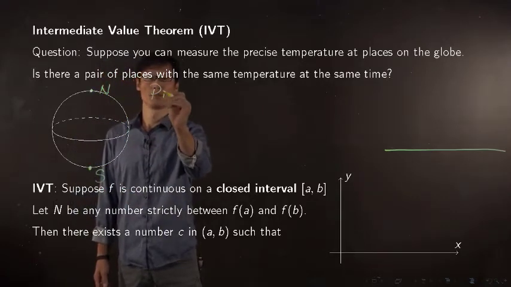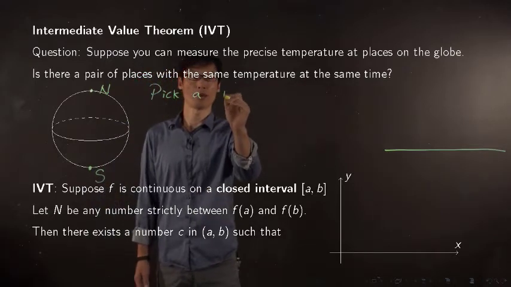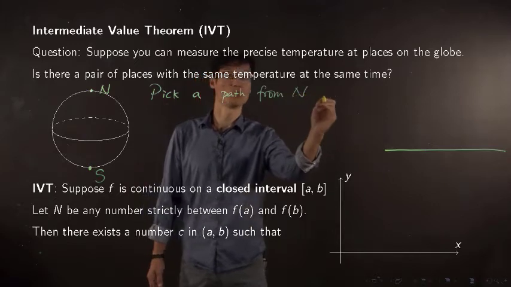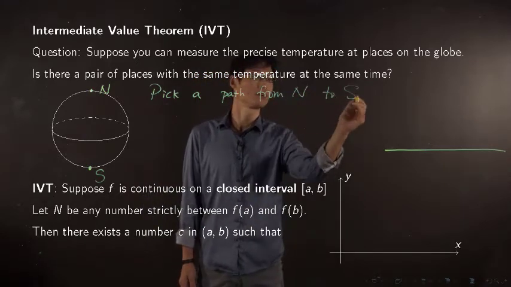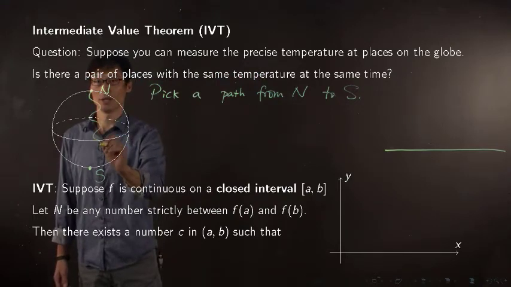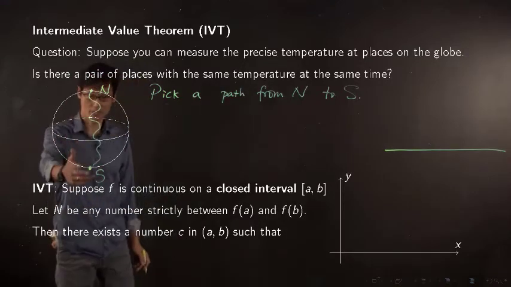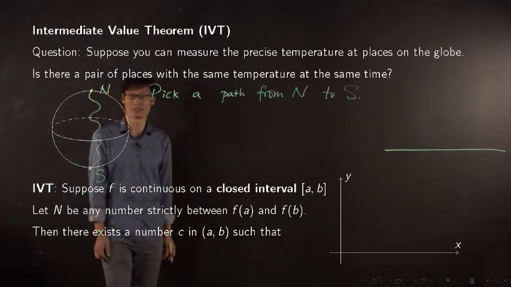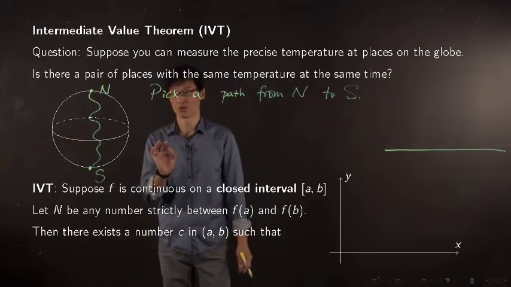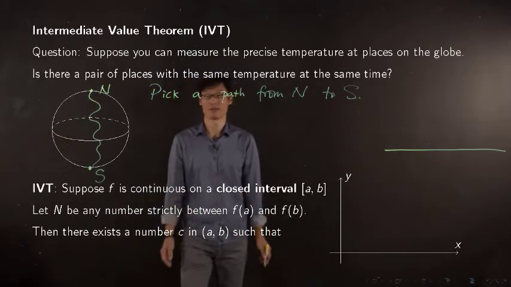So pick a path from north to south. So say you are taking some plane to follow a path like this. And then you can measure precise temperature along this path.